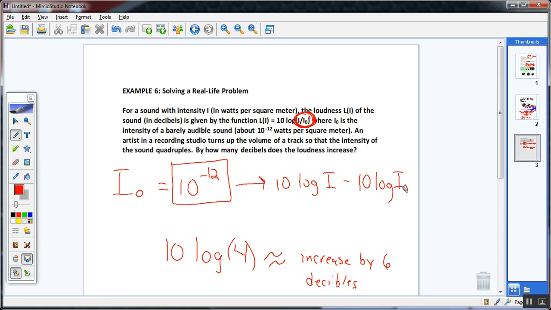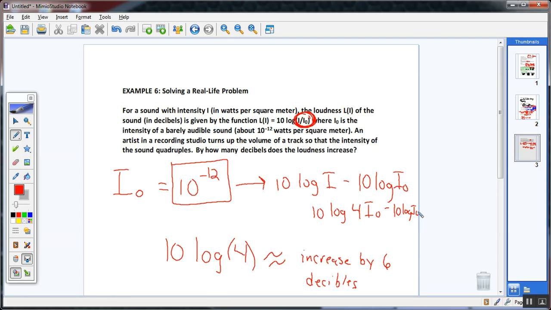We want this I right here to be 10 times the log of 4 times this value. So 4 times I sub O minus, oh my gosh, this is getting crazy, 10 log I sub O. But kids, what is the I sub O value here? 10 to the negative 12.